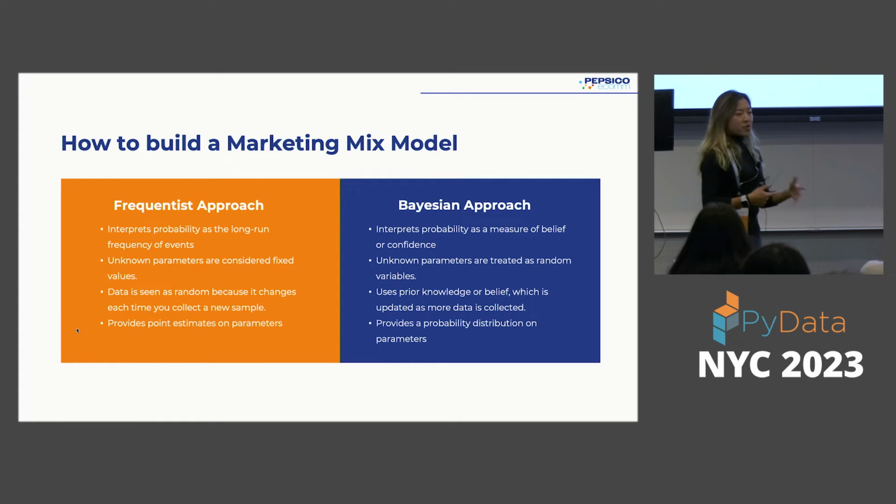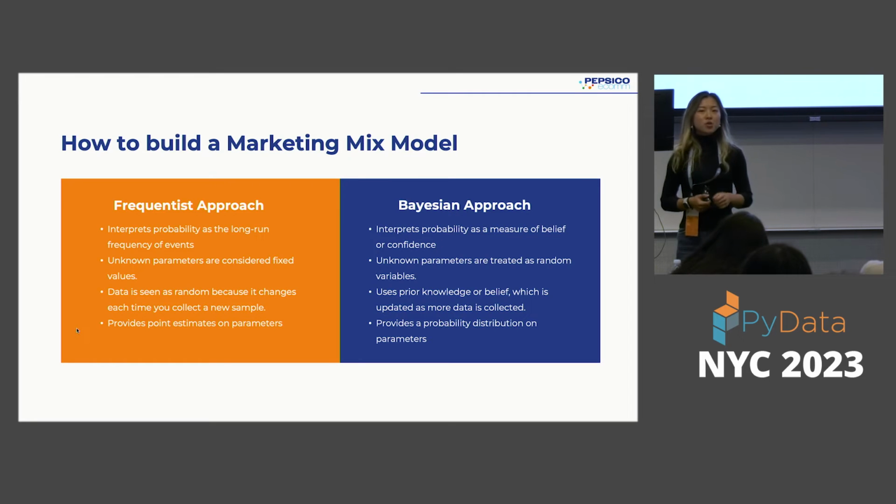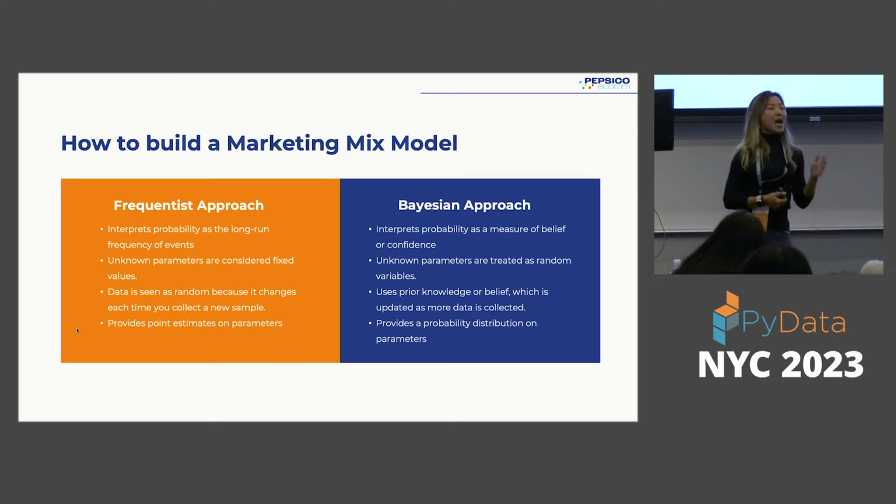So if you are doing the frequentist approach, you are finding the set of parameters that can give you the best prediction of all of your observations, right? So you are finding these optimal combinations. But the Bayesian approach assumes that your unknown variables, or your parameters, are random variables.